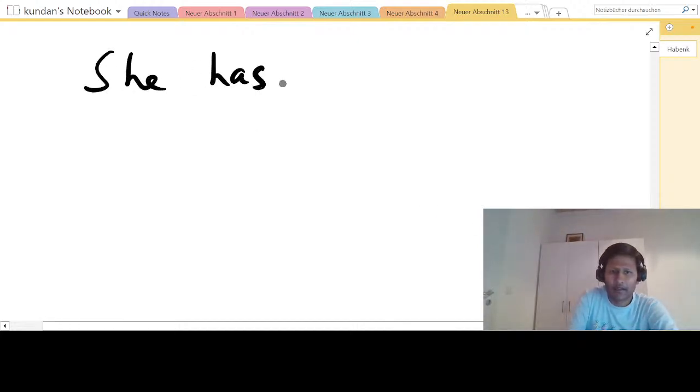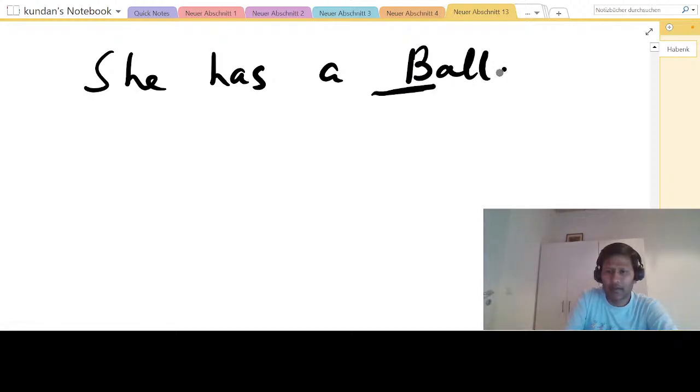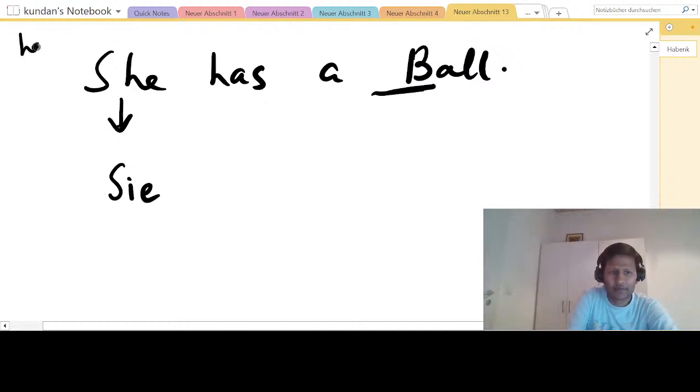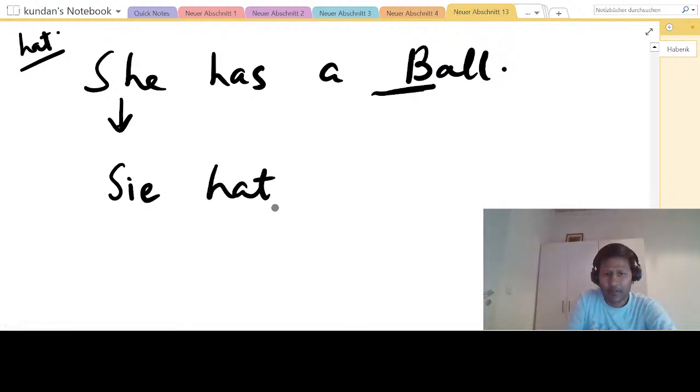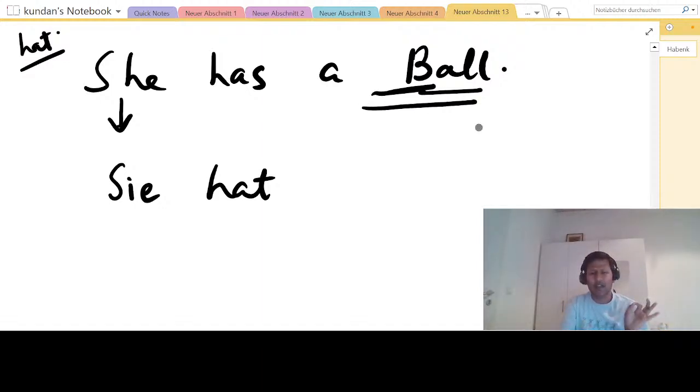Now this is Sie, and we have seen haben is hat, right? Any doubt? So sie hat. Now we have to see that it is in accusative, but this is the object. We have to take tension only for the object in accusative, nothing else, because the subject will not change, it is always nominative.